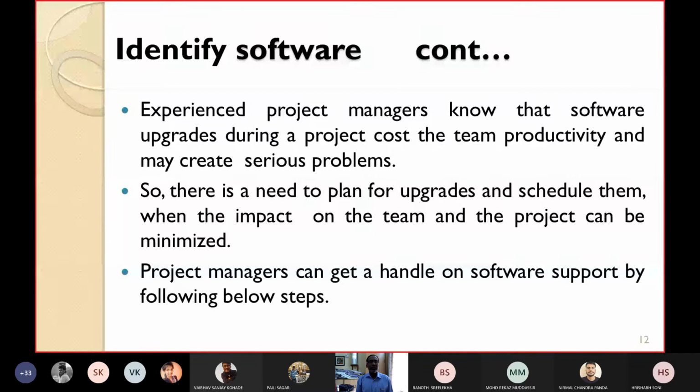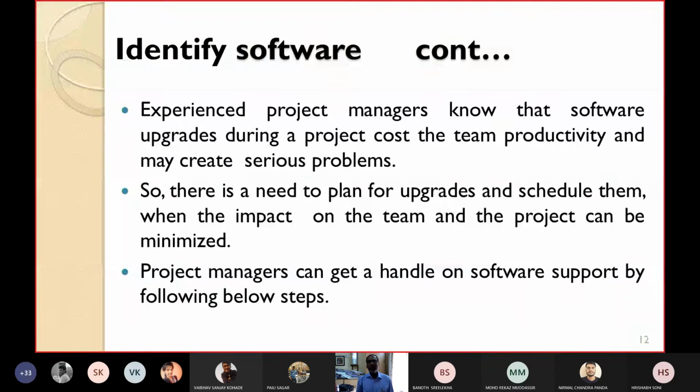That's why there is a need to plan for the upgrades and schedule them. You have to make a systematic plan for the different upgrades and schedule them when the impact on the team and project can be minimized. Okay, so by using this, the impact of these upgrades will be minimized on the team and on the project.